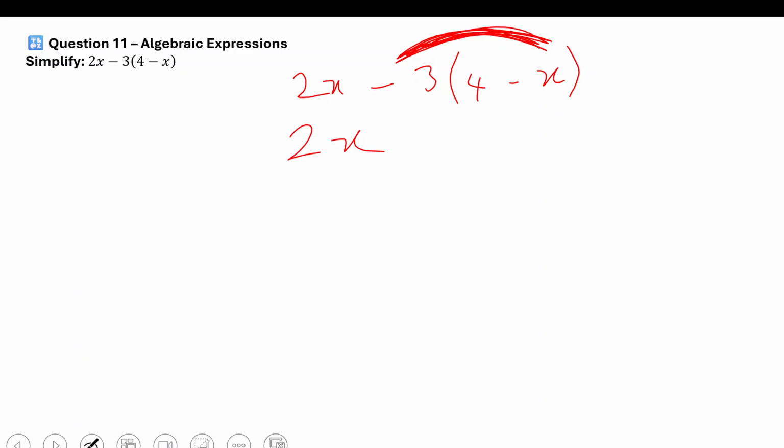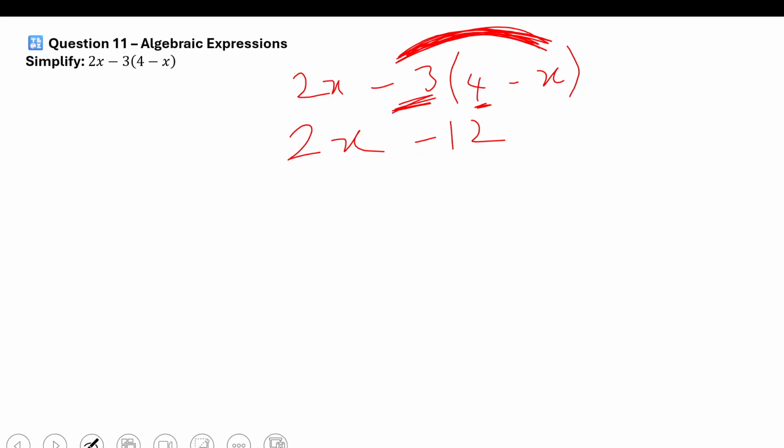So we're asked to simplify 2x minus 3 open bracket 4 minus x. So this is also testing us on how to expand. Our interest is what is happening here where I'm shading like this. So I have 2x. Now minus 3 outside times 4 will give us minus 12.